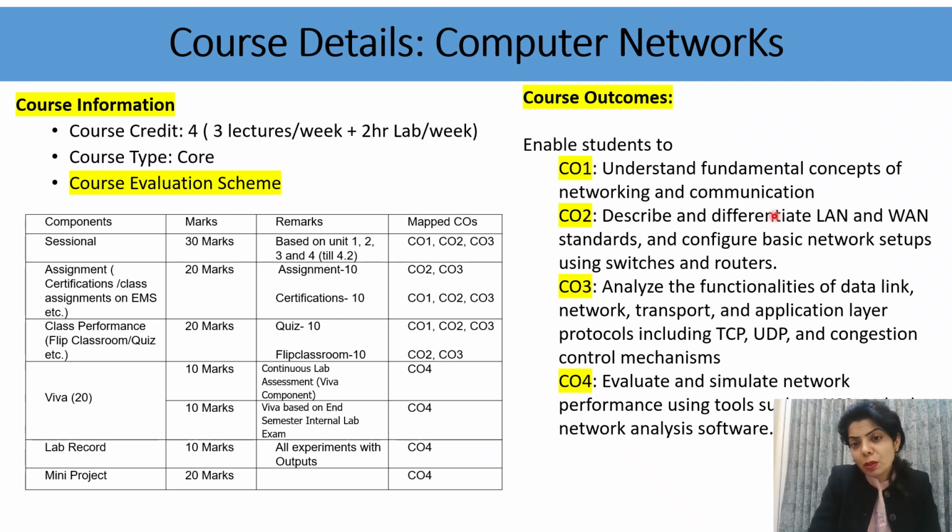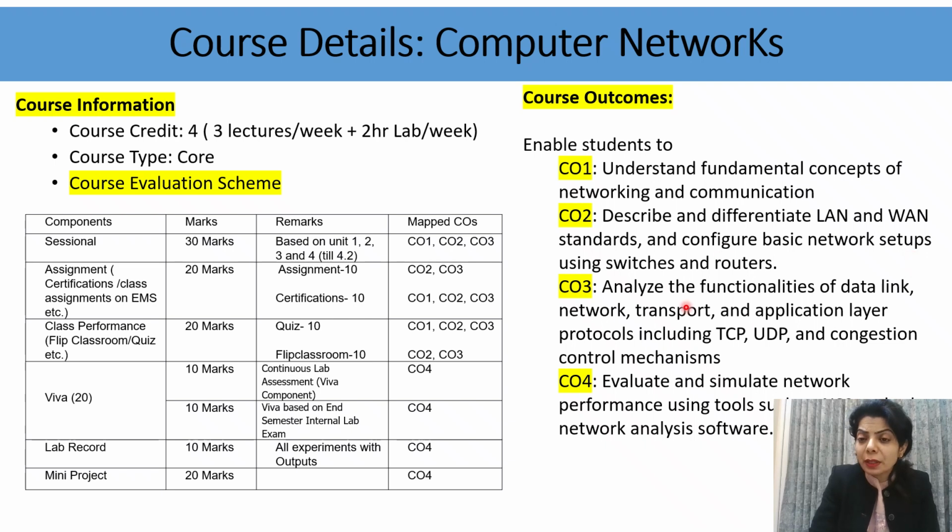Then coming to your course outcomes, dear students, these are the 4 outcomes of your subject. These outcomes specify what measurable outcomes every student should have at the end of the course. You should be able to understand the fundamental concepts of networking and communication. Then you should be very clear and be able to differentiate between the LAN and the WAN standards.